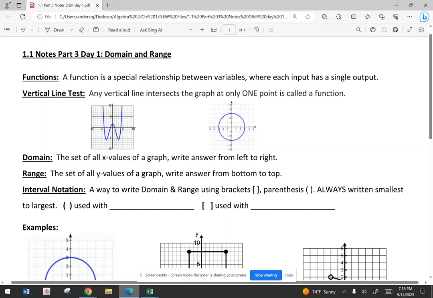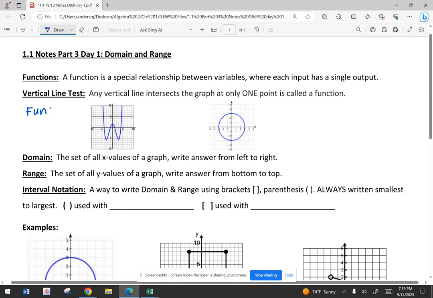Number 1, a function is a special relationship between variables where each input has a single output. On a graph, we can use something called the vertical line test. Basically, it's a test to tell whether it is a function or not.